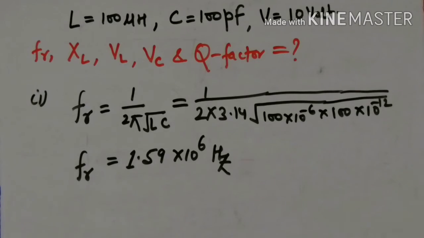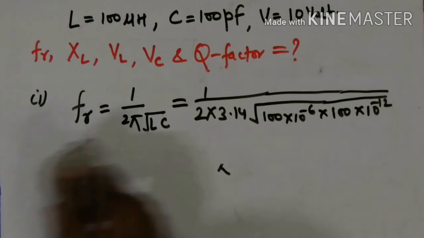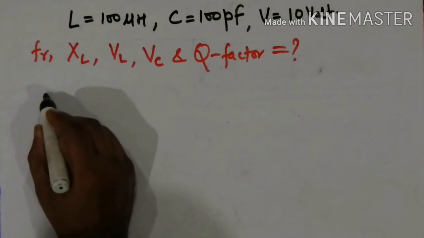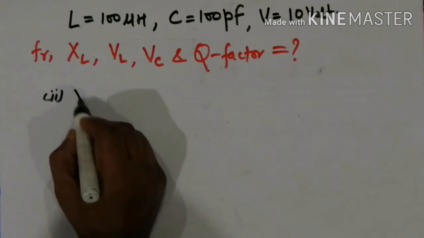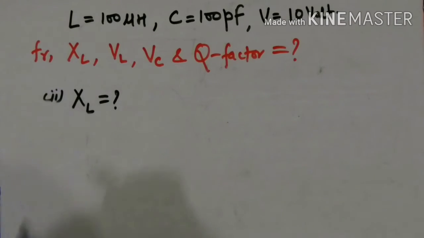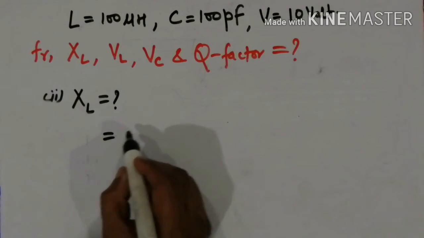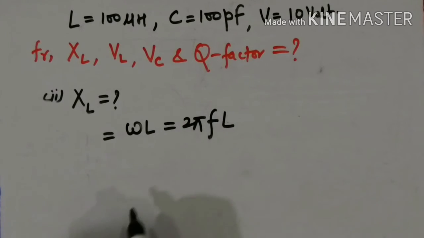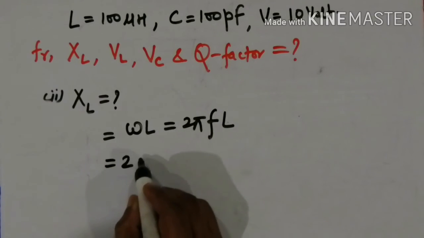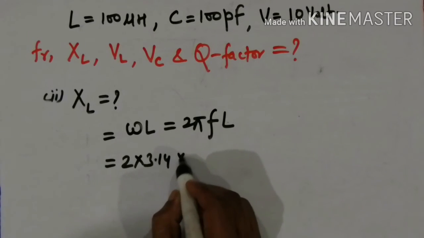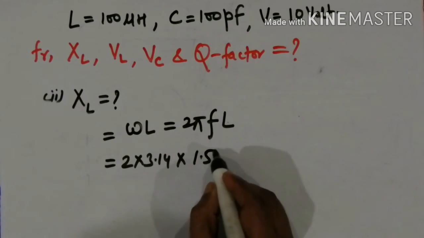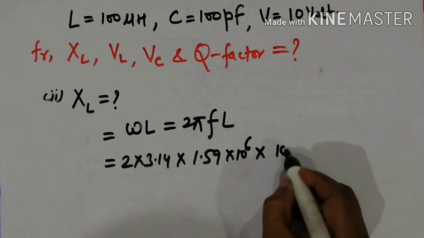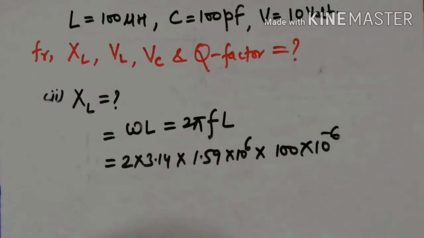Now see the second part. What is the second part? XL. Right? Yes, XL is nothing but omega L, that is 2 pi FL. So it is 2 into 3.14 into F, it is 1.59 into 10 to the power 6 into L, that is 100 into 10 to the power minus 6.